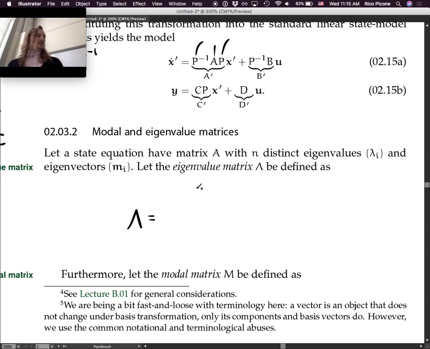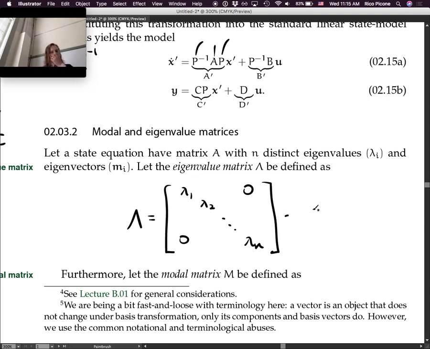Lambda equals a diagonal matrix with the eigenvalues along the diagonal, and everything else in the matrix is 0. This is shorthand for everything else in the matrix is 0. I don't write out a bunch of zeros and dots, because when I did at first, it looked harder to understand than easier to understand.